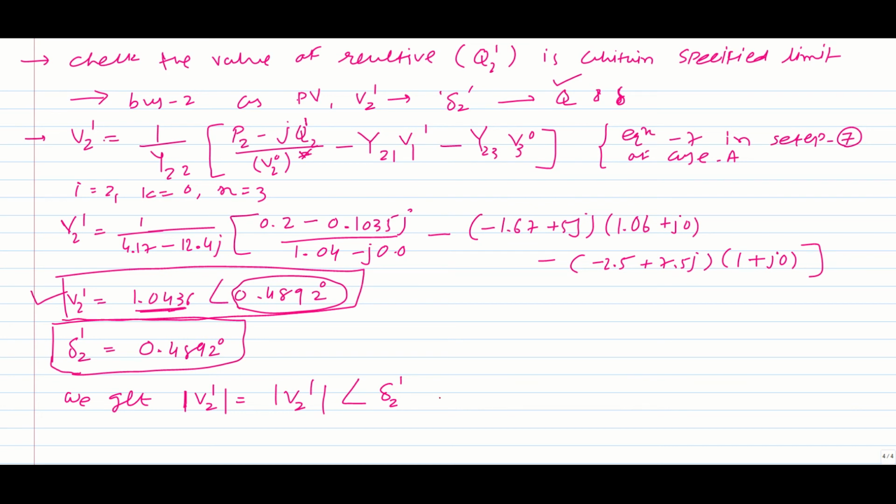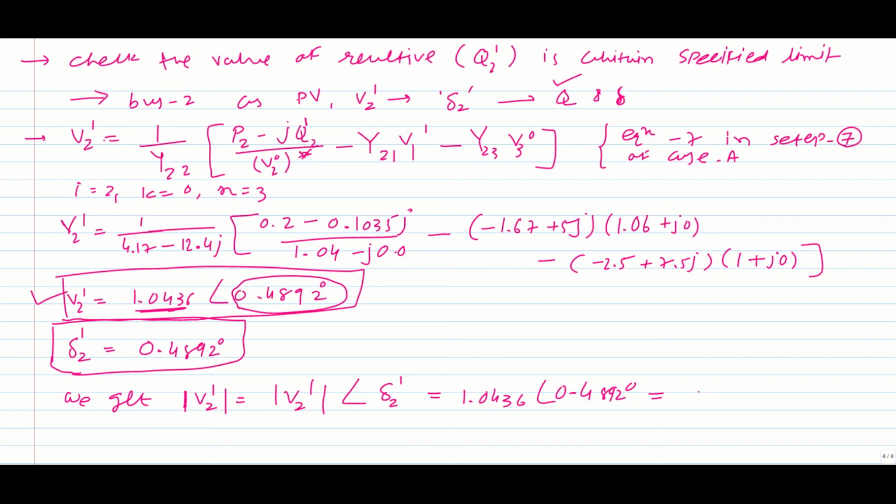But now we will get this as V21. So I can write V21 is equal to, now it is 1.0436. Previously it was only 1.04 plus J0, but now it is 1.0436 with the angle of 0.4892 degree.